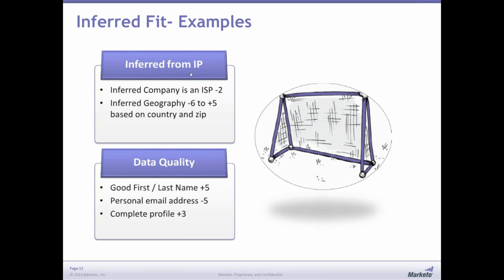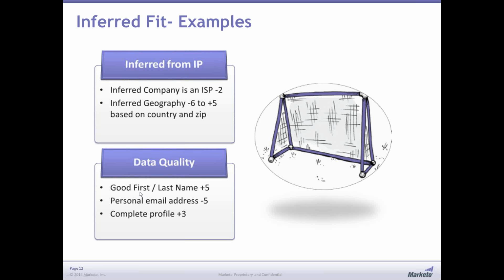So here is the input from IP. We can always gather that information: which IP address, which geography, which region that person is coming from, and the data quality. And today Michael would share with you how we can do this.